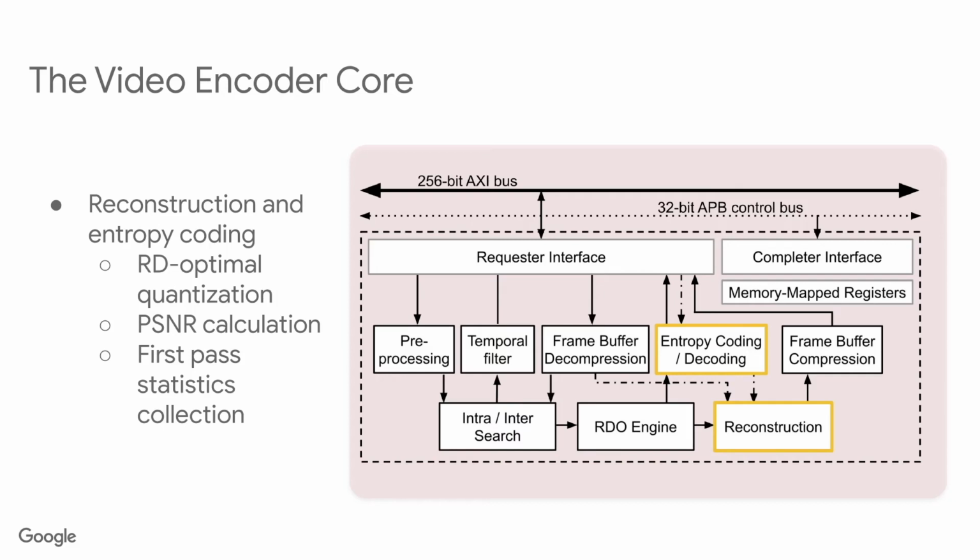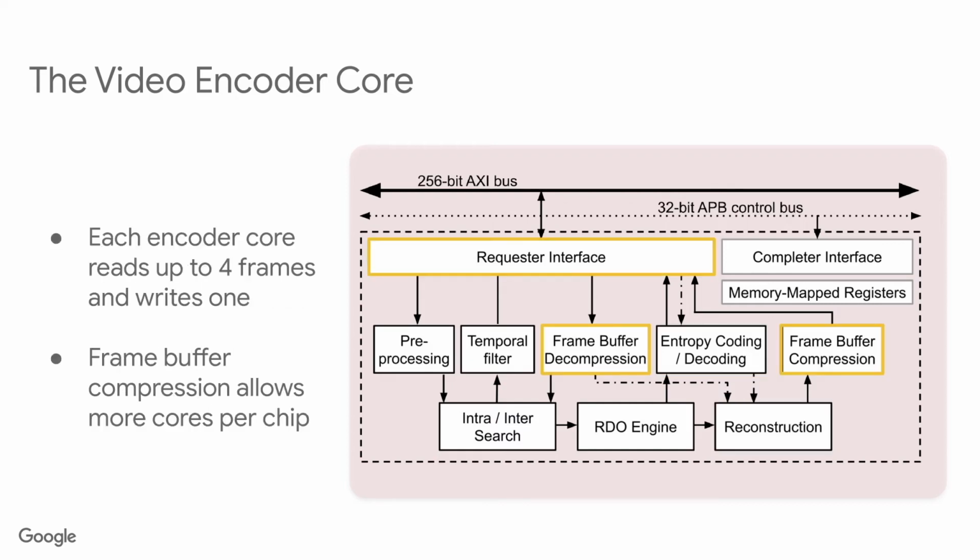On the reconstruction path, we also implemented RD-optimal trellis-like quantization and the collection of various image and compression statistics and frame PSNR to assist our 2-pass and bitrate control encoding algorithms. Our encoder can read up to 4 frames and write 1 during the processing of each frame.